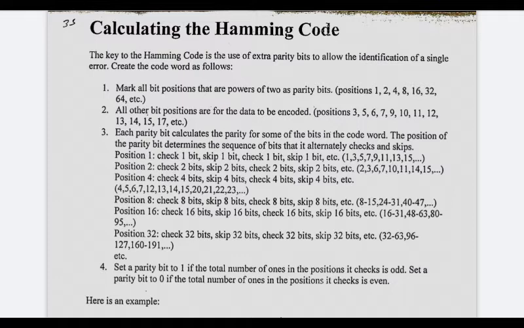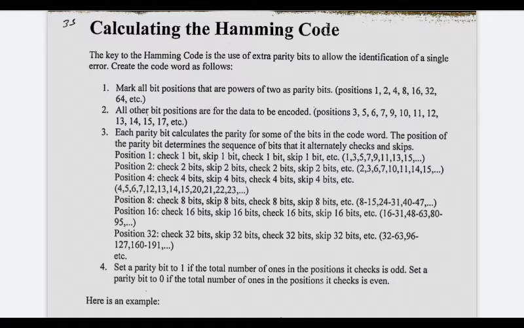In these positions you check how many ones there are. If there is an odd number of ones, you set the parity bit to 1 at position 1. Is it clear? If there is an even number of ones in these positions, you set the parity bit to 0 at position 1.